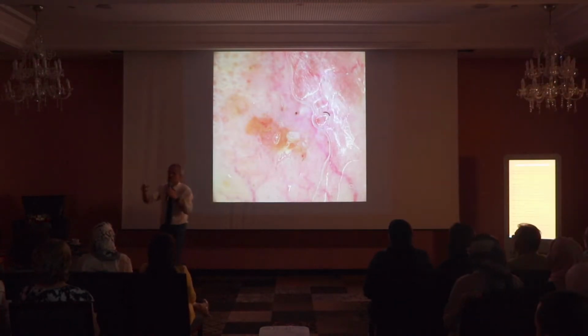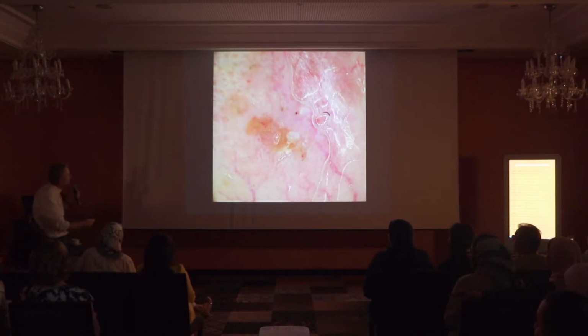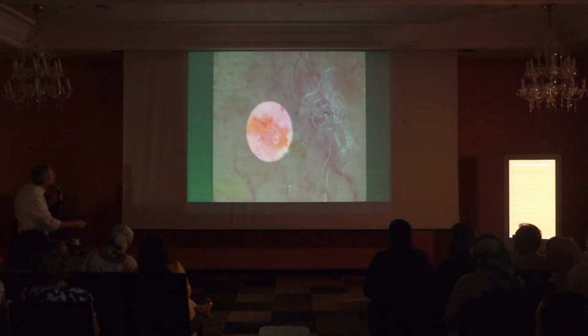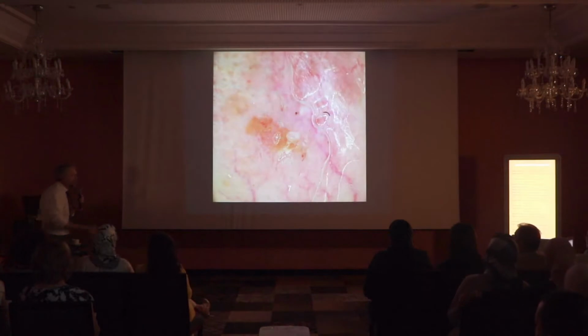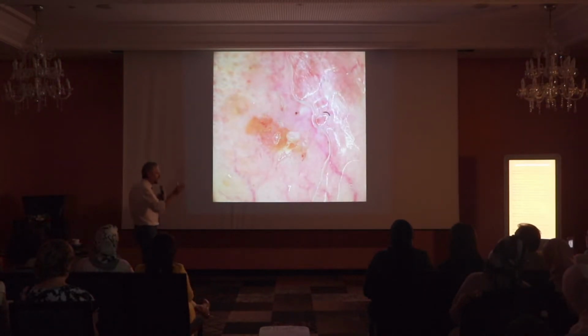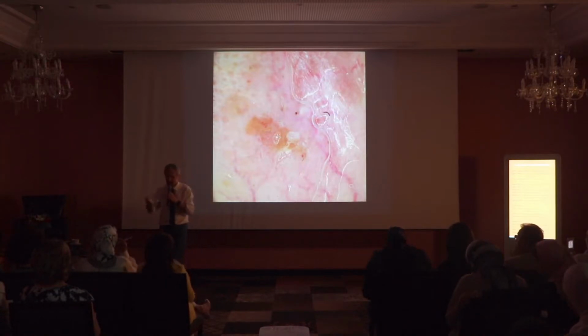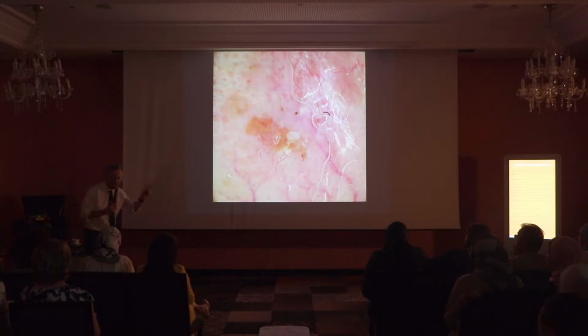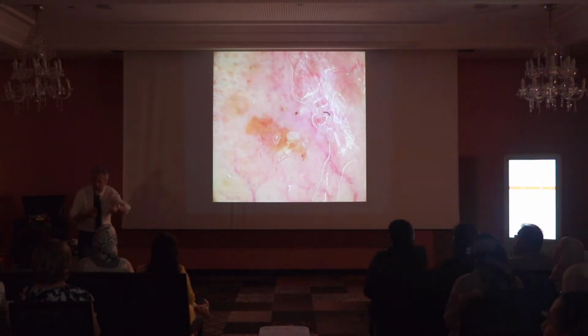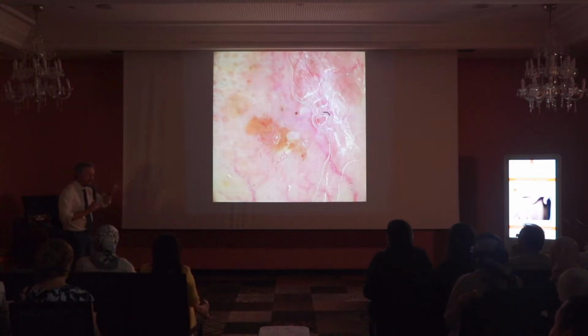Erosion. So we just see an erosion. Then it's BCC, exactly. This is the only clue we find sometimes in basal cell. So only erosion. And this is a bad basal cell carcinoma because it's going down. You don't see anything on the surface. So basal cell carcinoma.